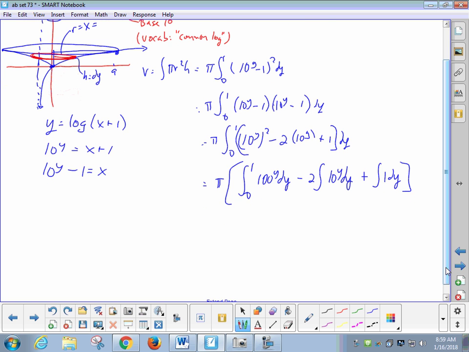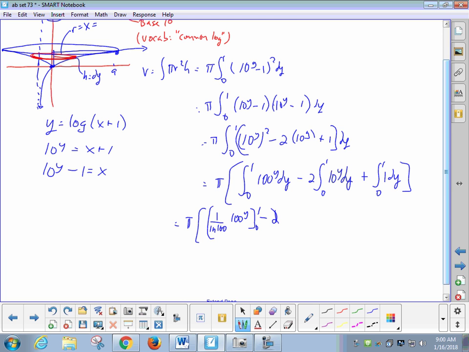What is all from 0 to 1? What is the antiderivative of 100 to the y? 100 to the y, times 1 over natural log of 100, from 0 to 1.